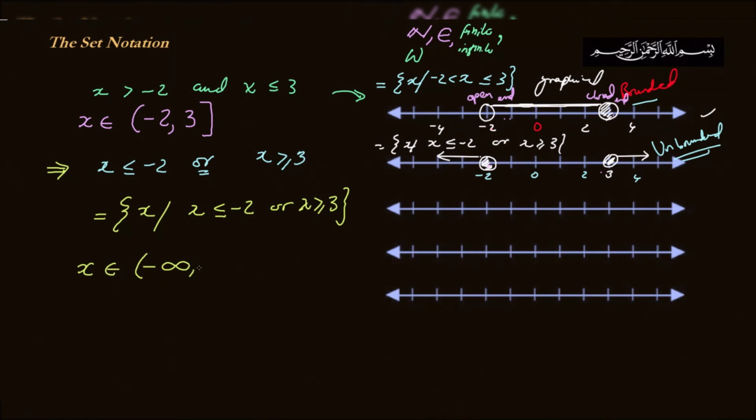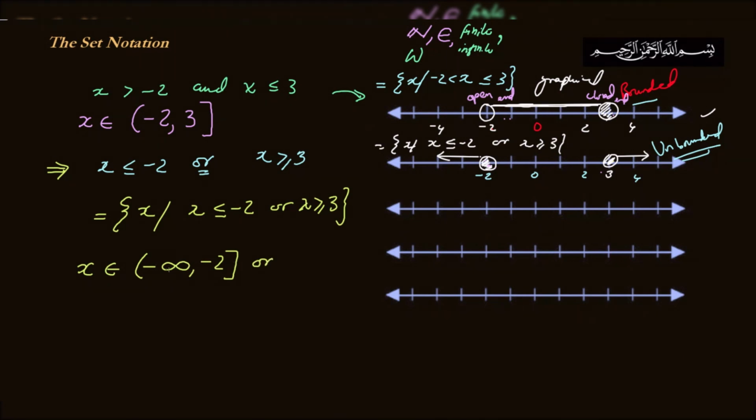So you use the parentheses to indicate an open end, and then it goes all the way up to -2, and that's a closed end. If the 2 was open, you would make that a parenthesis, but this means that -2 is included there.